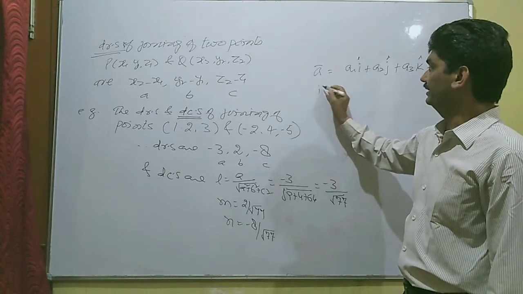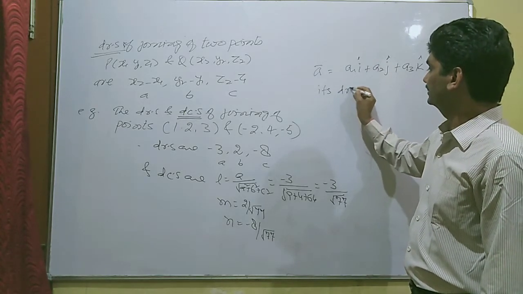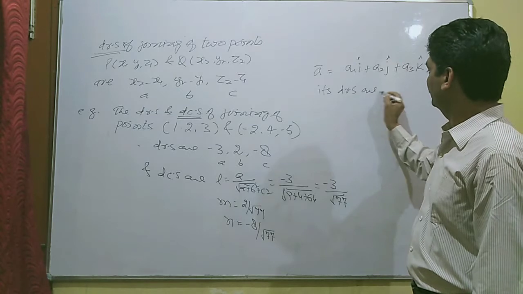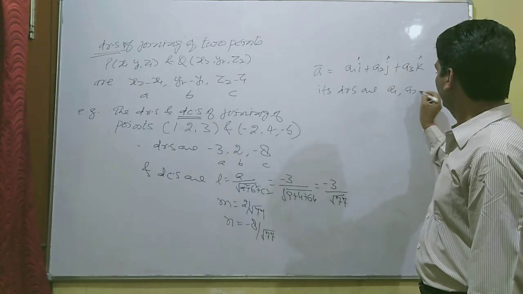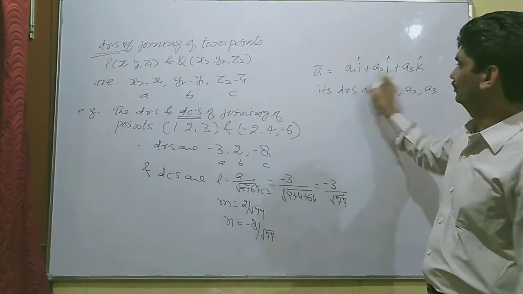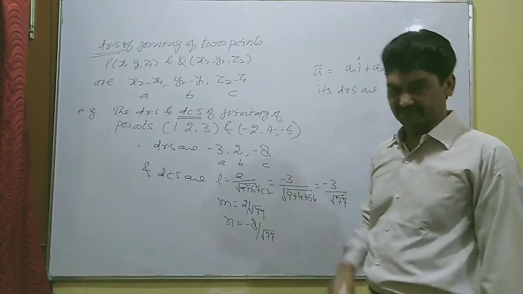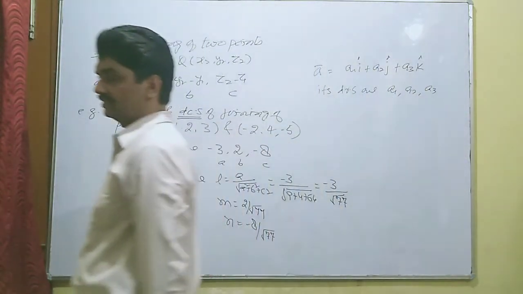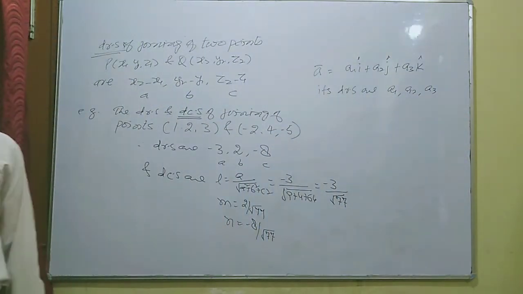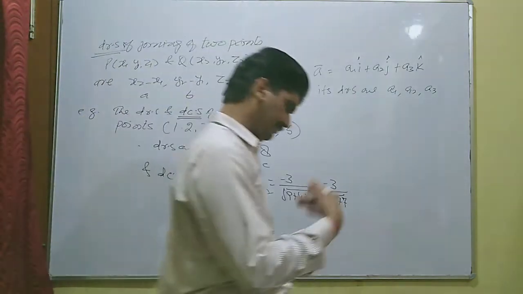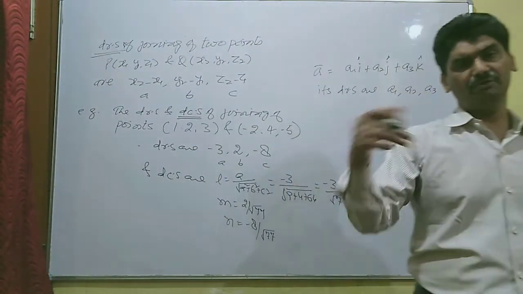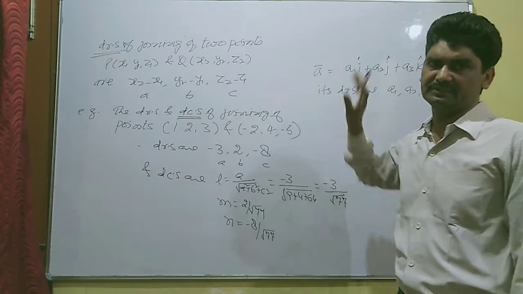That is, its DRs, direction ratios, are a1, a2, a3. So learn this: if any vector is given, then the coefficients of i, j, k are its direction ratios. And if direction ratios are given, you can also find its direction cosines.